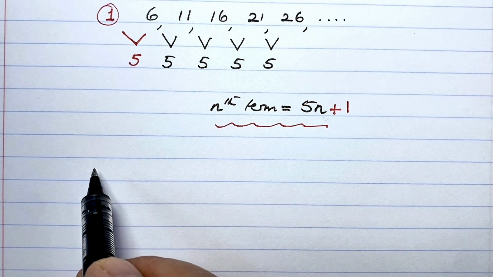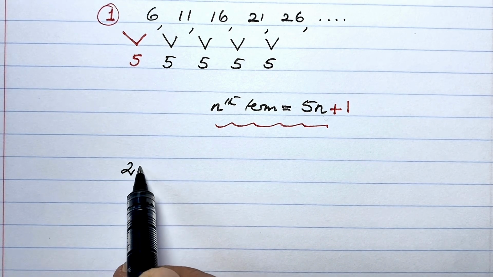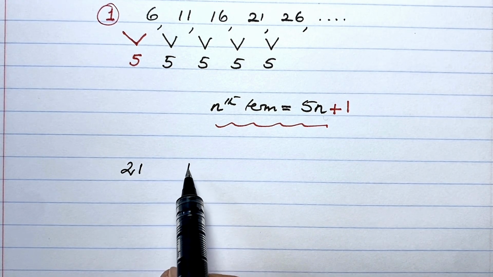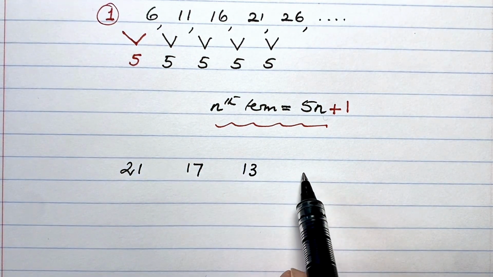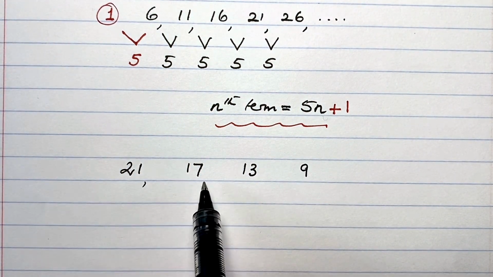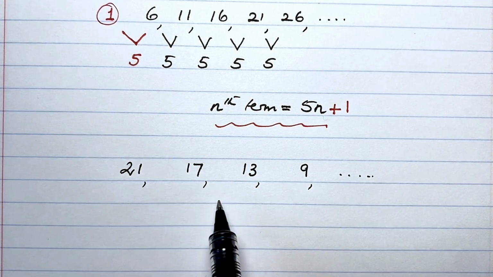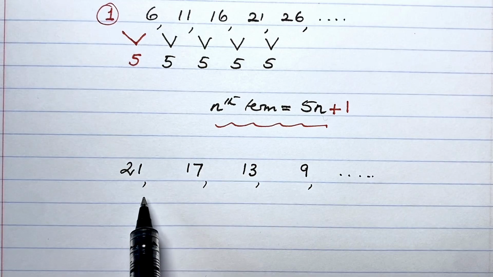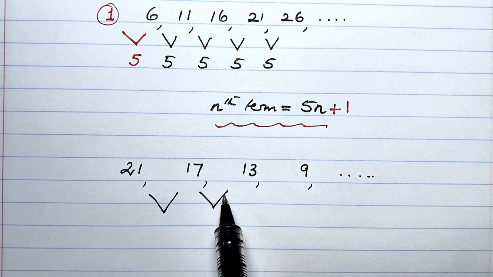Let's have another example. This time 21, 17, 13, 9. These are my sequence of numbers. And it is an arithmetic sequence because the numbers are going down by the same constant.